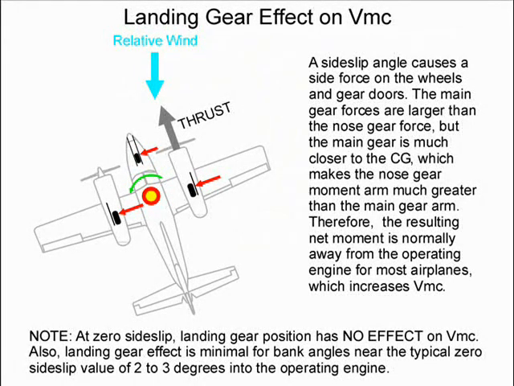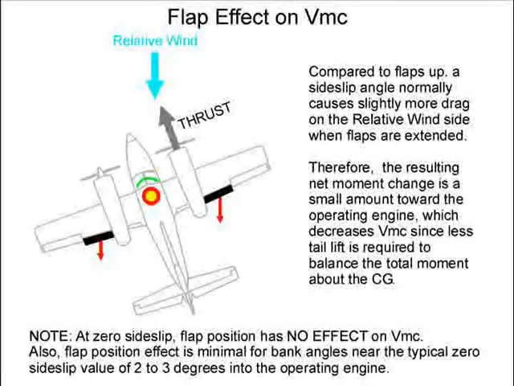The actual effect of gear extension on a particular airplane requires in-flight measurement. Now let's look at the effect of flaps. Compared to flaps up, a side slip angle normally causes slightly more drag on the relative wind side when flaps are extended. Therefore, the resulting net moment change is a small amount toward the operating engine, which decreases VMC, since less tail lift is required to balance the total moment about the CG.